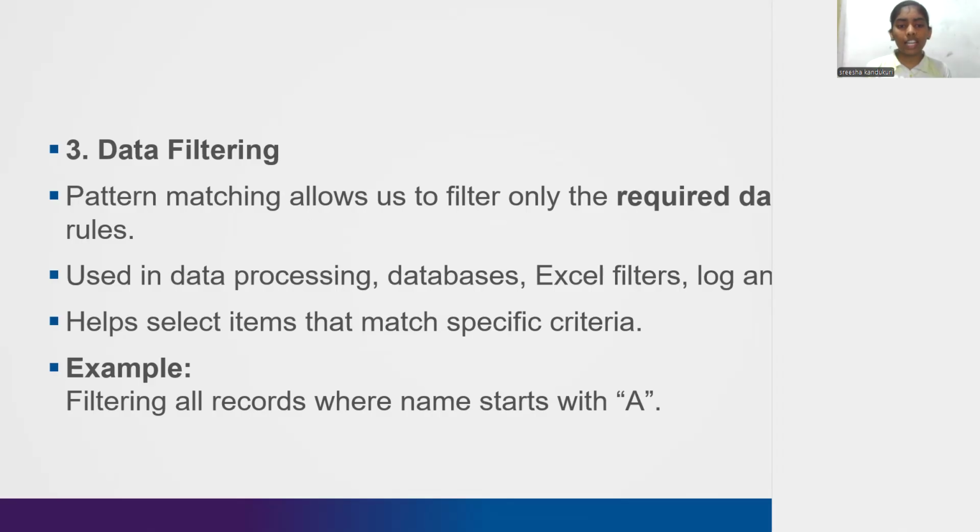It is used in data processing, databases, Excel filters, and log analysis. It also helps in selecting items that match specific criteria. One example is filtering all records where names start with A. If we have a set of names, we just filter out the names that start with A or any specific uppercase letter.